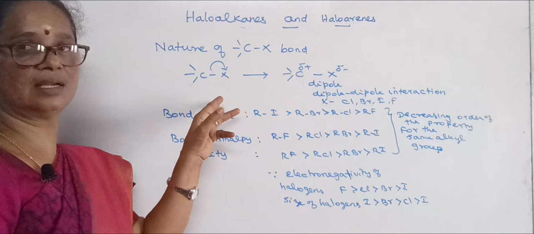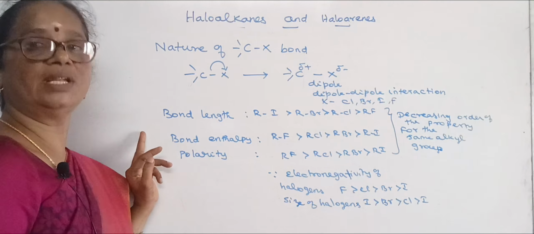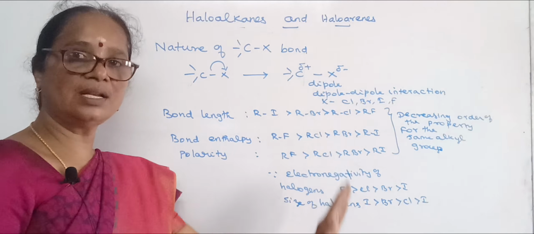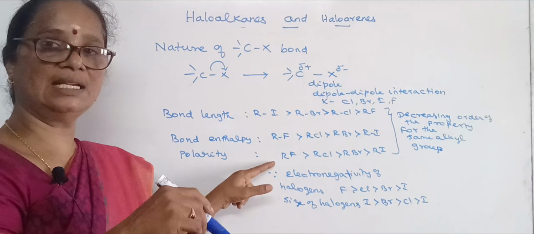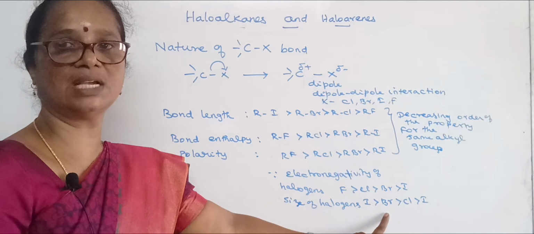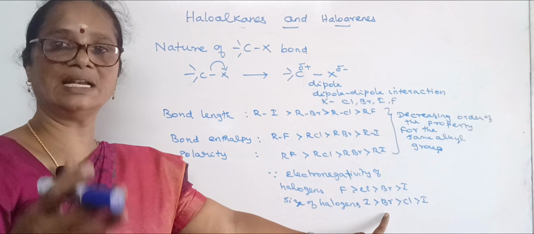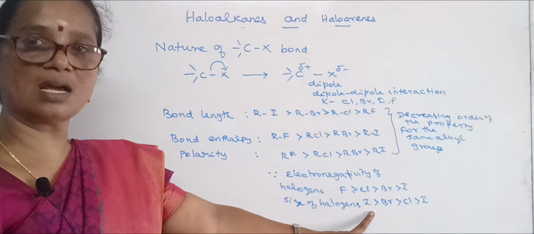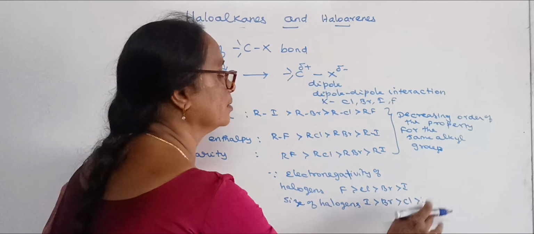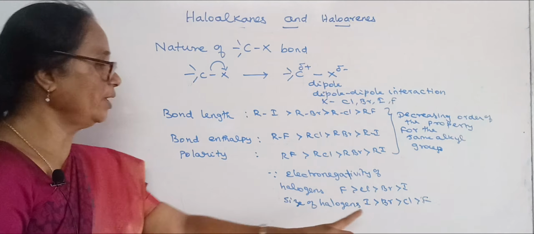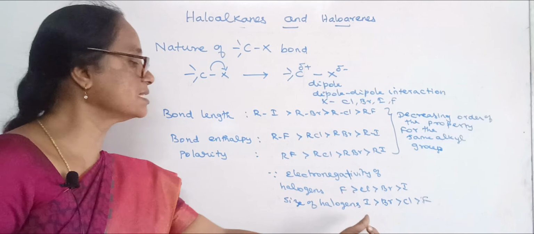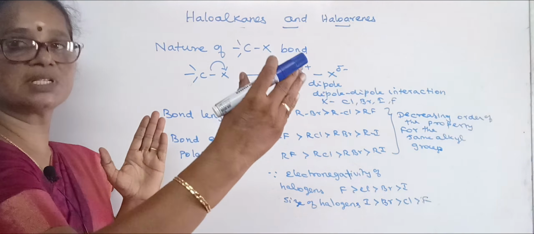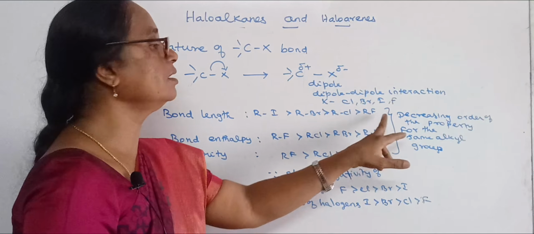And the next one, bond enthalpy and bond length. These two are related to each other and depend on the size of the halogen. Going down the group, electronegativity decreases, but the size of the halogen increases due to the addition of more shells. So iodine is the largest compared to fluorine. Iodine makes a long bond because of its large size. So the carbon-iodine bond length is longer compared to carbon-fluorine.